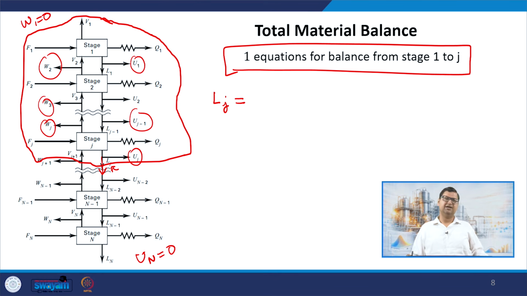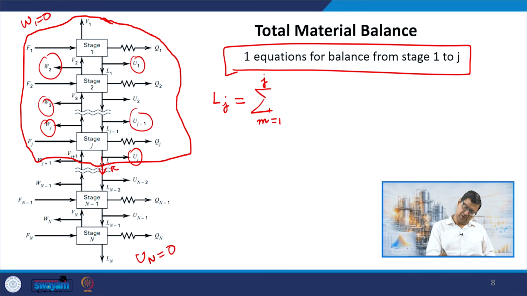So, we are not separating anything from there, right. So, with these assumptions, what I can say is this Lj will be a summation over m going from 1 to j. So, I am having Fm. So, basically I am adding F1, F2 to Fj. So, Fm, and we have to subtract what is going out, that is my Um and Wm.